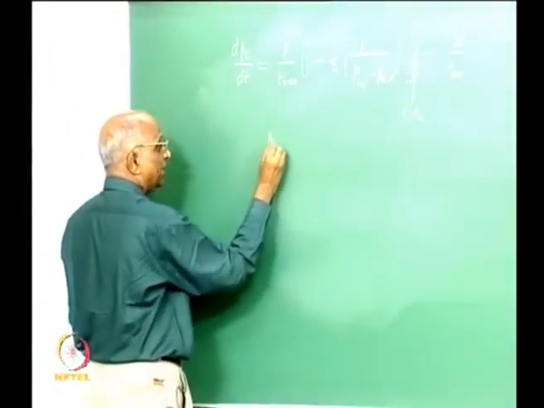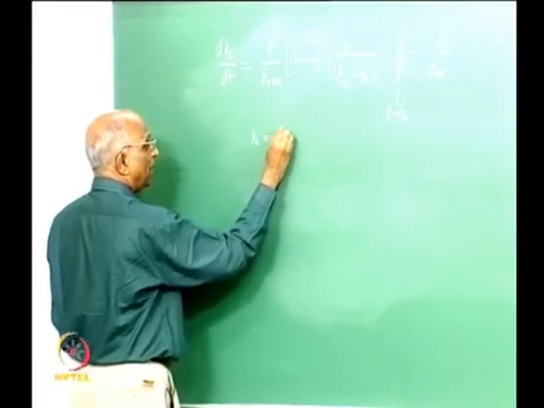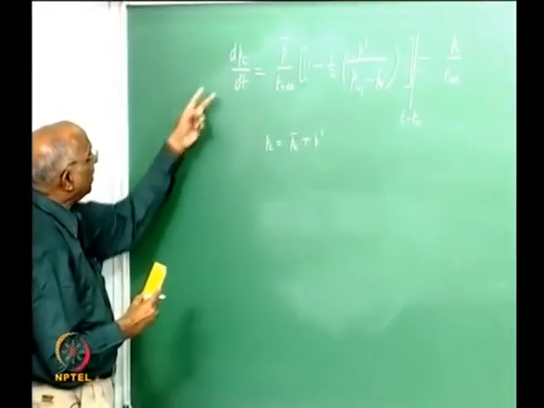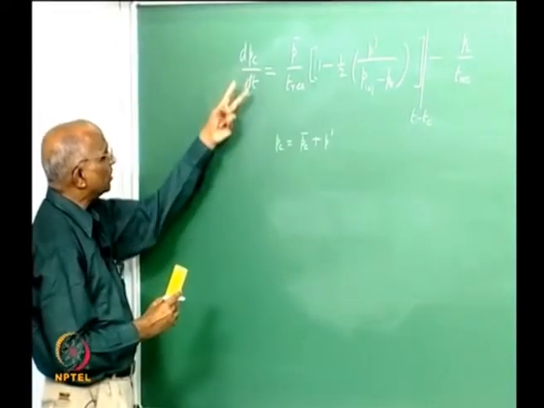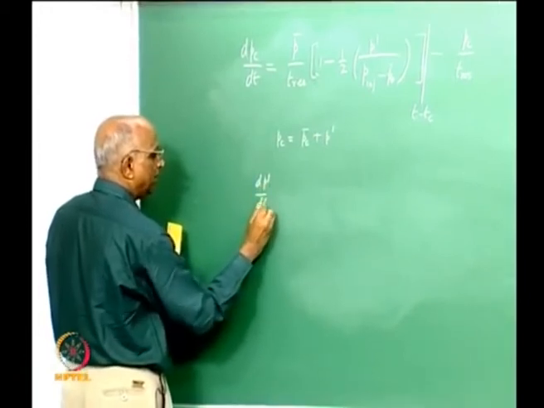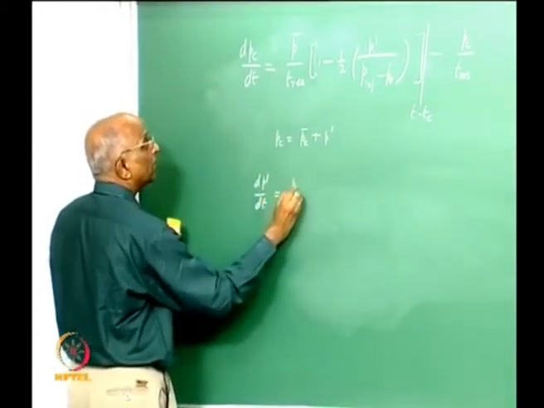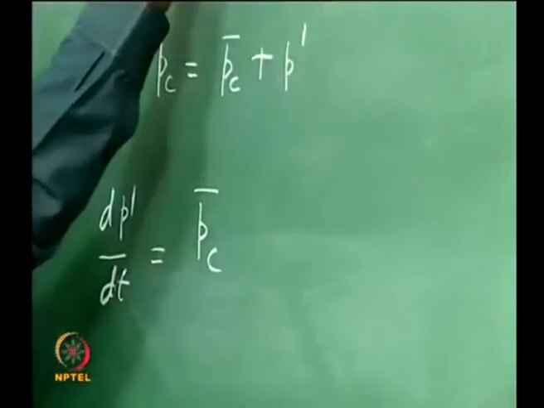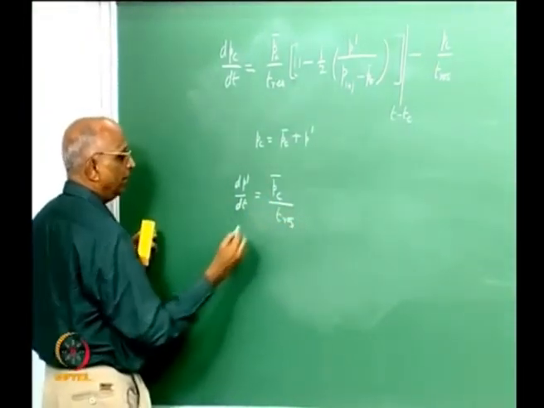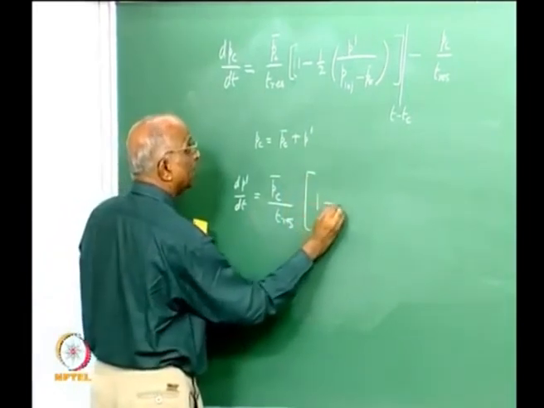We have already told, well, Pc at any time is equal to Pc bar plus the value of P prime, and therefore Pc bar does not change. I can write this equation as dP prime by dt equal to the value of Pc, that is chamber pressure steady, divided by T residence into 1 minus.